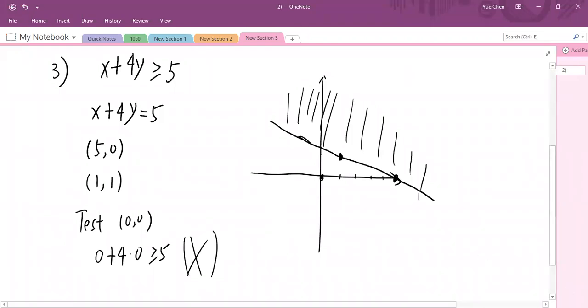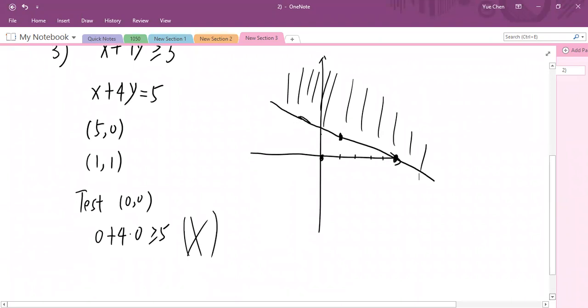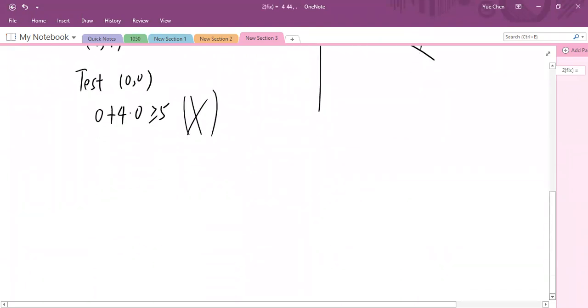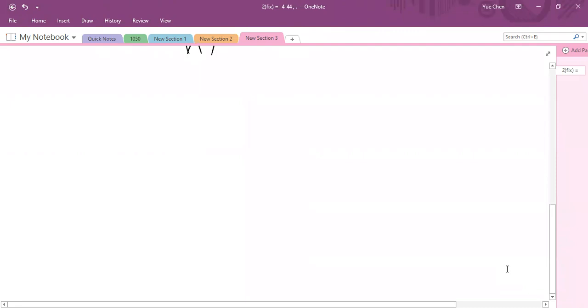The next one is a linear programming problem. So, produce 2 parts, part A and part B. Okay, this is number 4. We use a table to describe it.